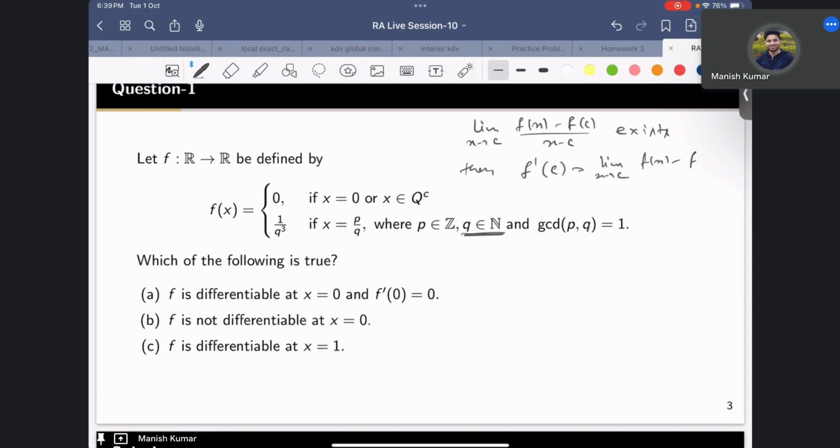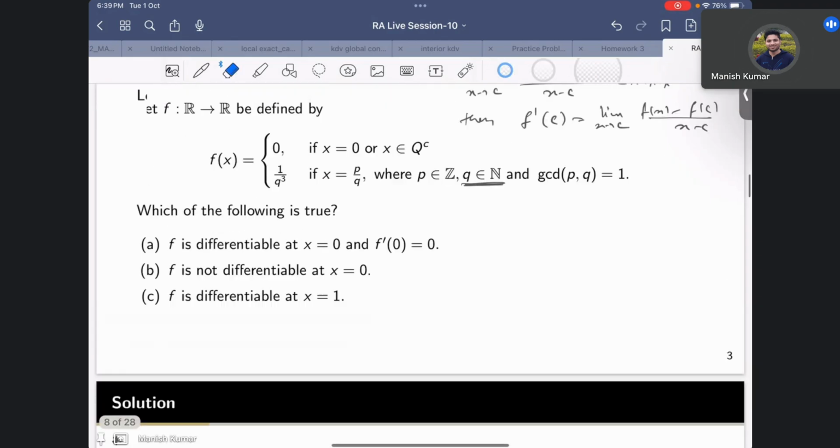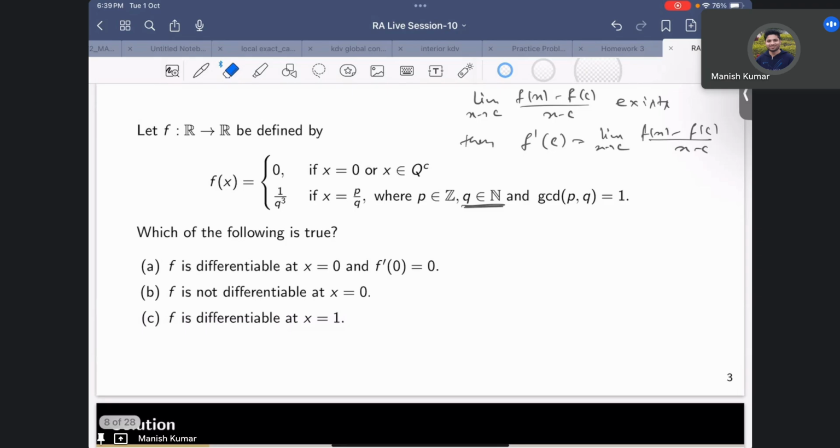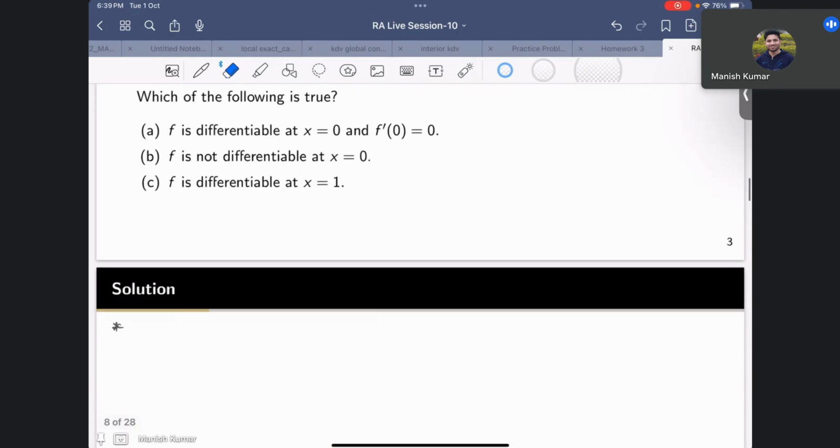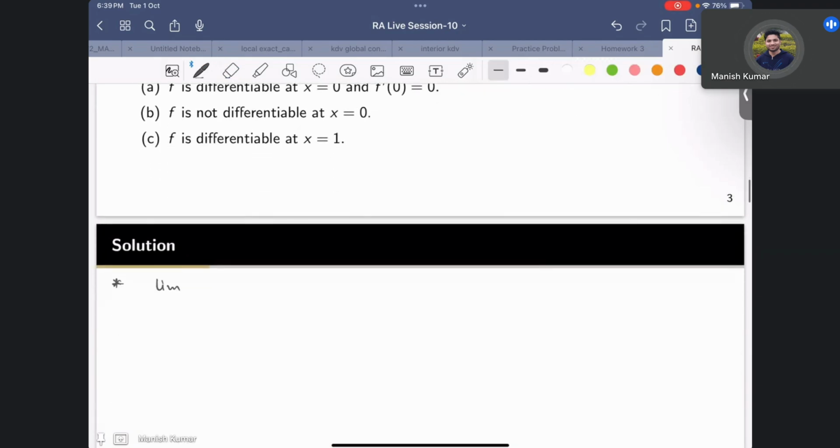Since we want to prove the differentiability at 0, c is equal to 0, so I want to check the limit as x goes to 0 of (f(x) - f(0)) upon (x - 0).